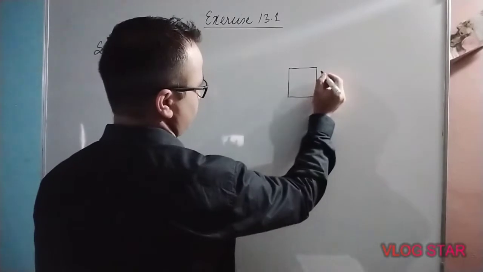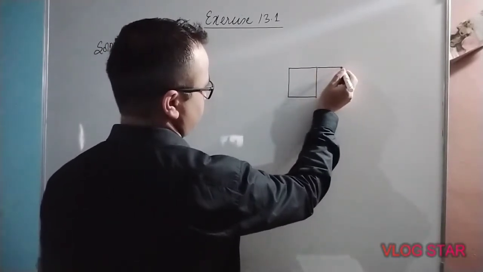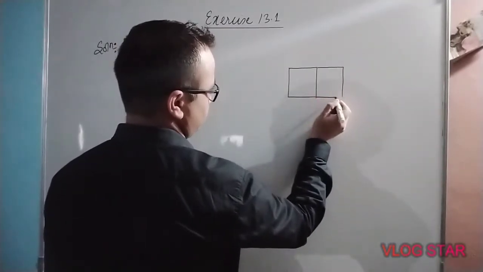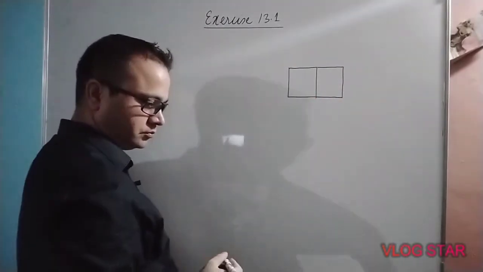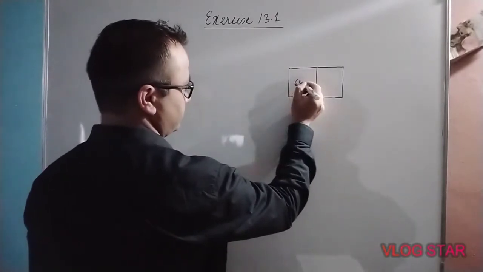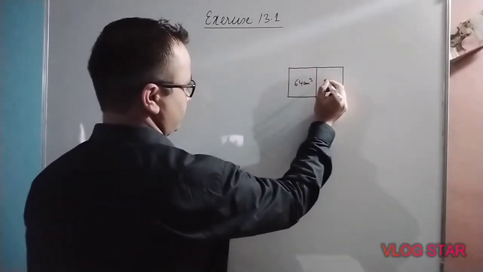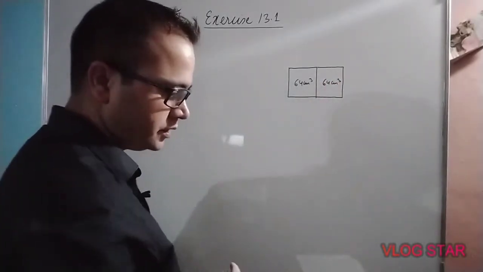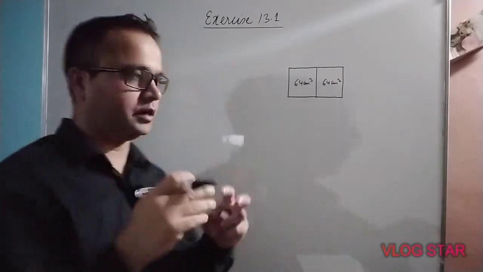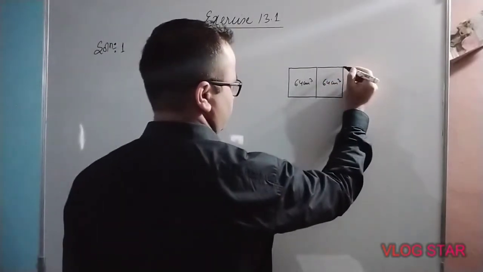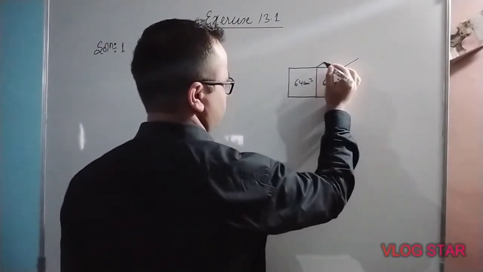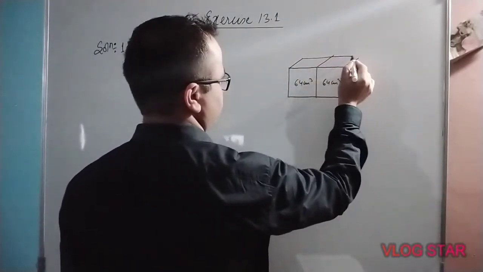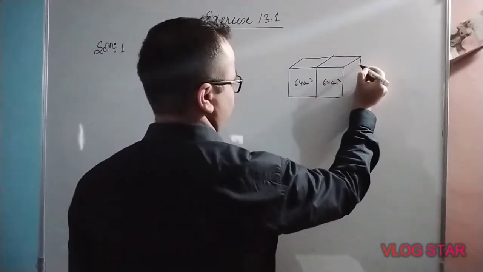This is one face of the cube, then another face. Two cubes, each of 64 centimeter cube, are joined end to end.